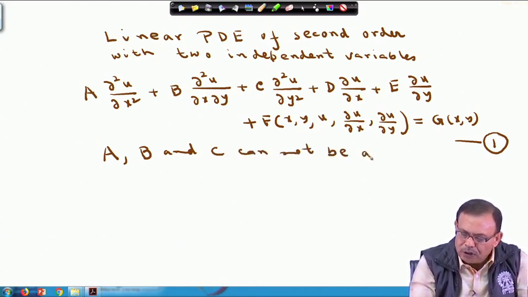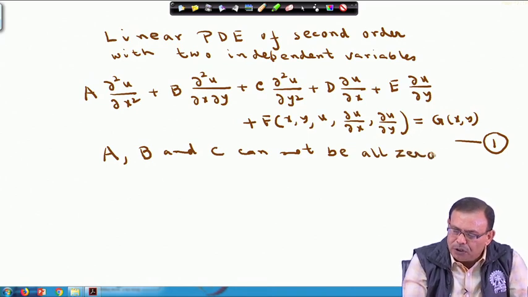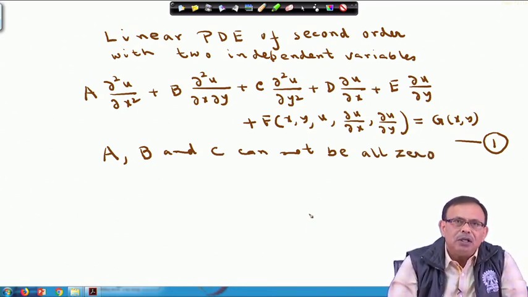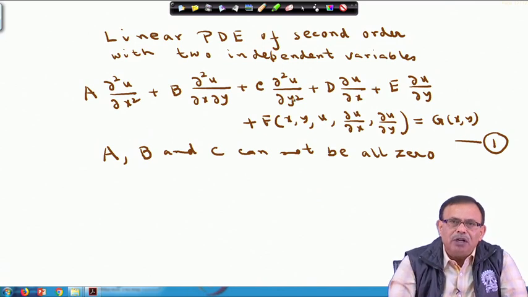Please note this one. If all these three are 0, then it will not be second order, because all second order derivatives vanish.